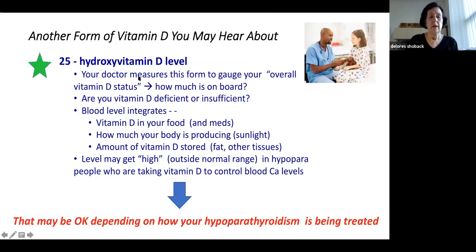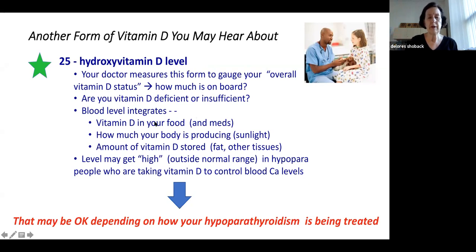Okay. Now, I know vitamin D gets confusing fast, but the other form that you'll hear about is 25-hydroxy, and that's a blood test, okay? We've already talked about it, but it's kind of a way to tell, are you vitamin D deficient or insufficient, or are you vitamin D sufficient, okay? So it tells us about your overall vitamin D stores and what's on board, okay?